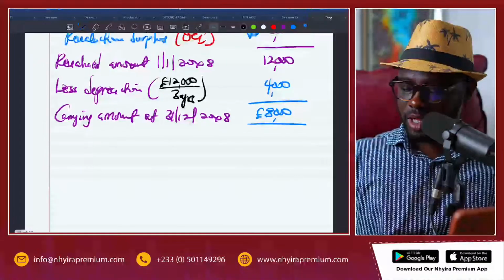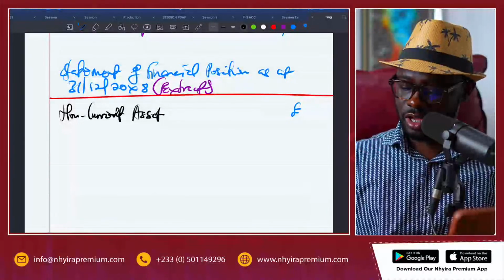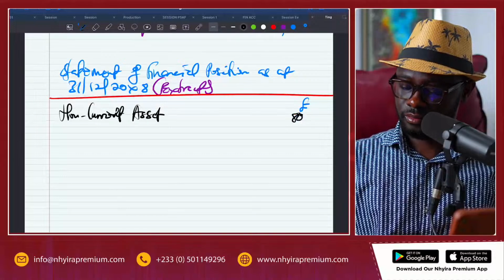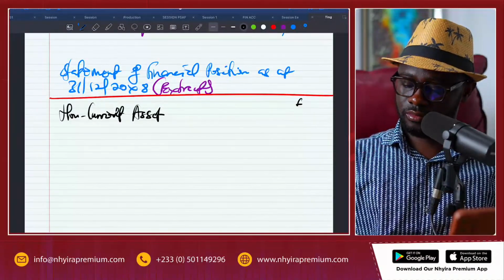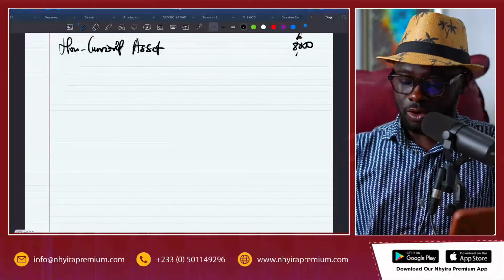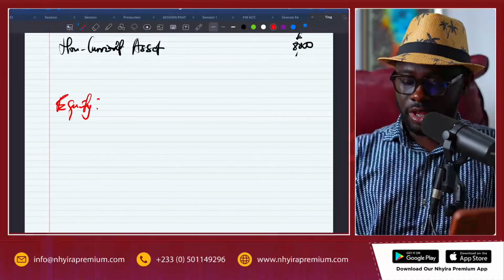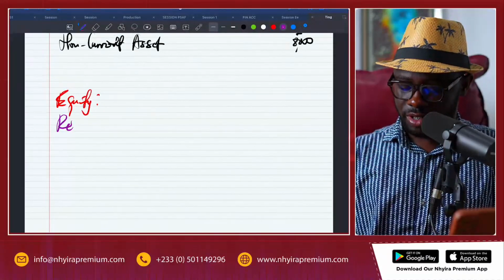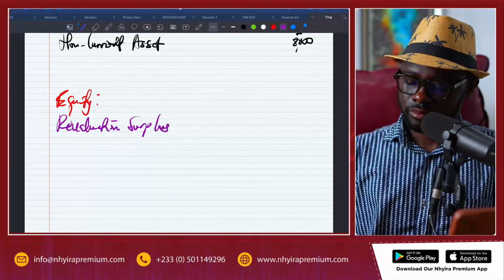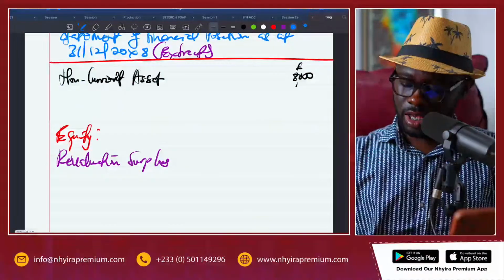And the carrying amount, which is the 8,000, that's what's going to come here. $8,000, right? Then we go to equity. And in equity, we're going to bring in the revaluation surplus. And that is going to be how much? Okay, it's even up there, 6,000.